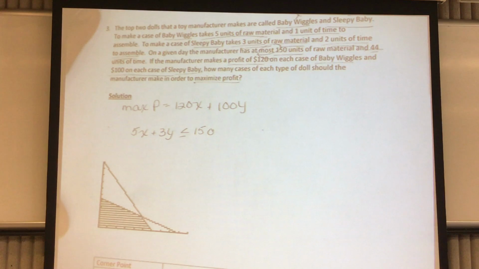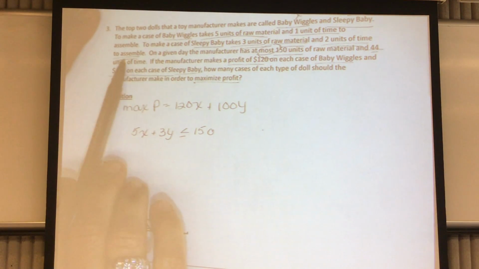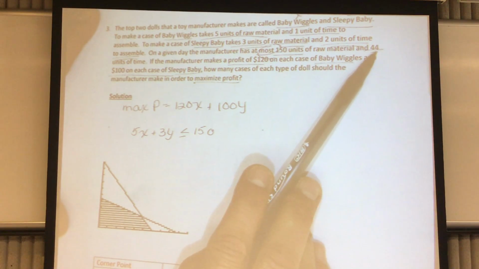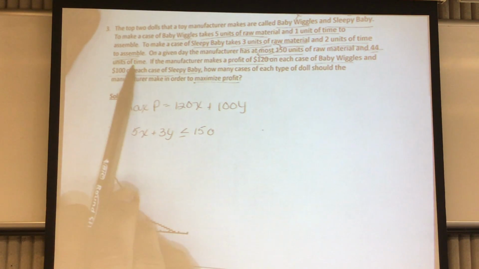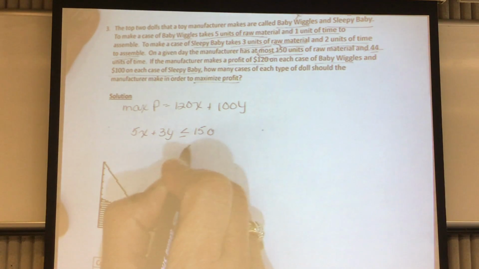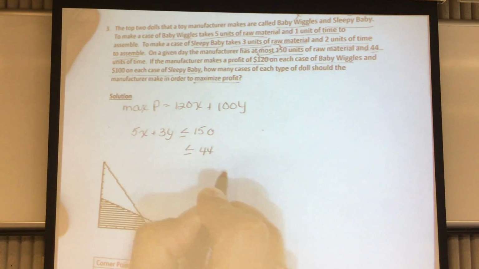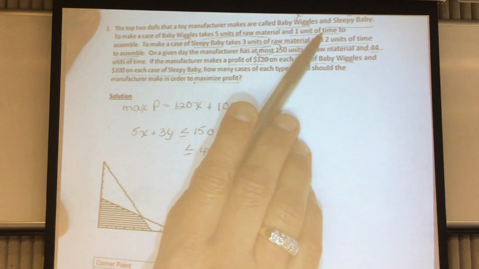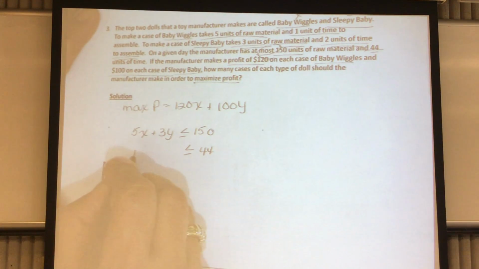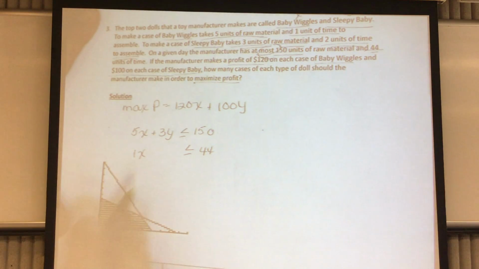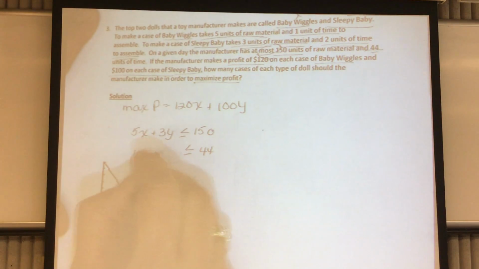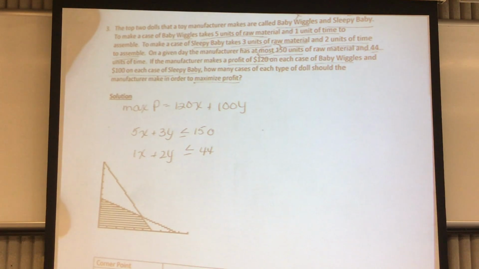And the next one is the 44 units of time. So at most 44 units of time. So this is your time inequality. So you have 1 unit of time for Baby Wiggles, and for Sleepy Baby, you have 2 units of time. So you have 1X plus 2Y.